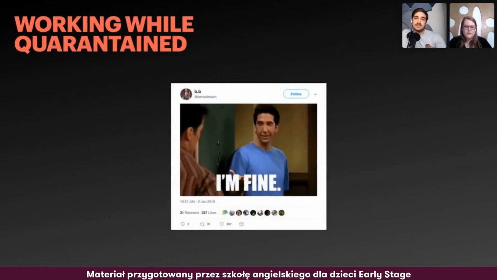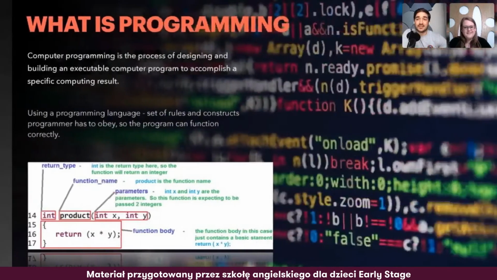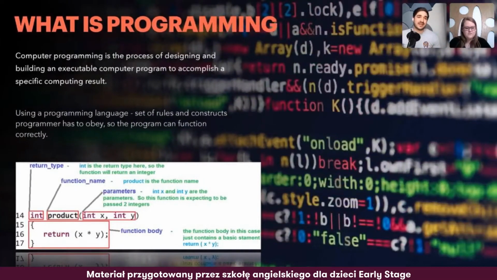Can you tell us a little bit more about programming and what it is exactly and how it changed the world? All right. So basically, programming, to quote Wikipedia here, is the process of designing and building an executable computer program to accomplish a specific computing result, which might sound a bit complicated. So I'll try to put this in layman's terms.